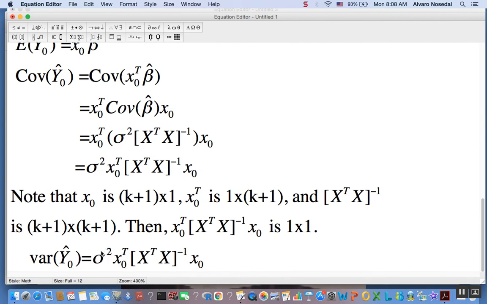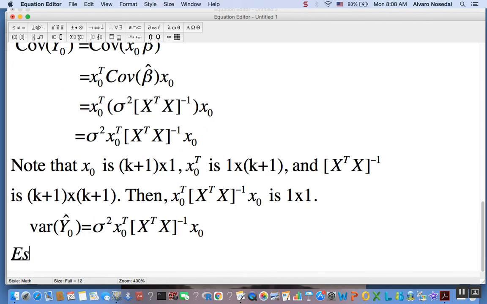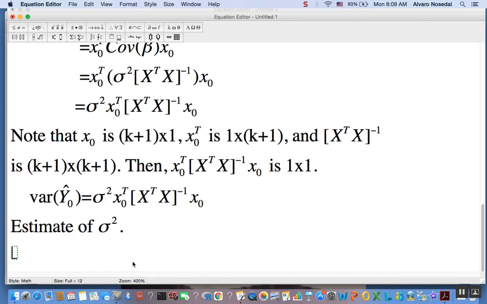Unfortunately, we don't know sigma squared, right? So what we have to do is estimate sigma squared. So remember what we said we're going to use as an estimator for sigma squared: the mean square error.